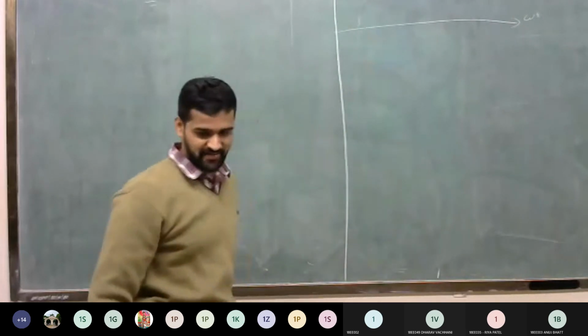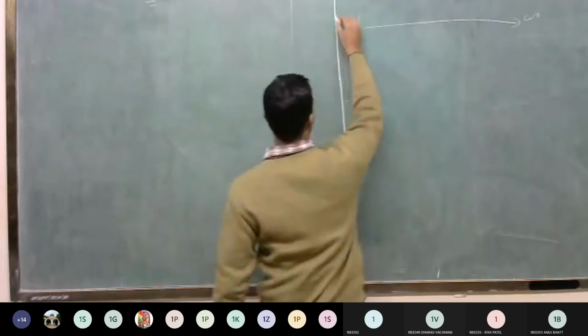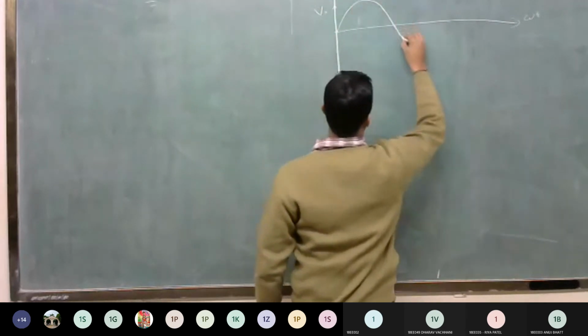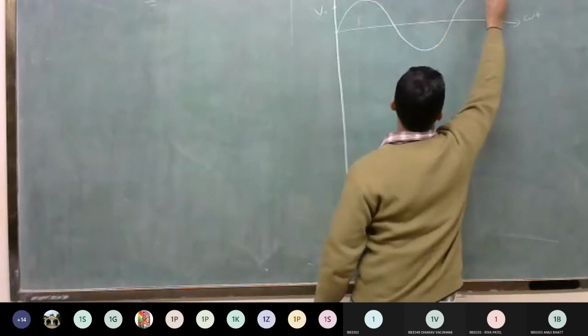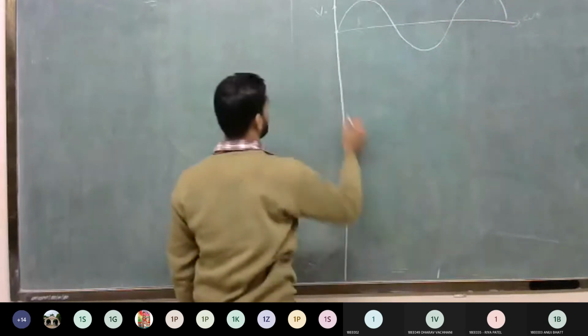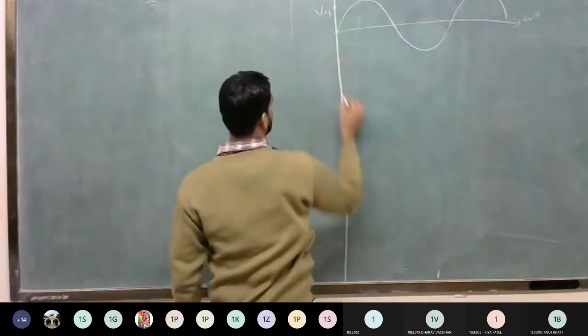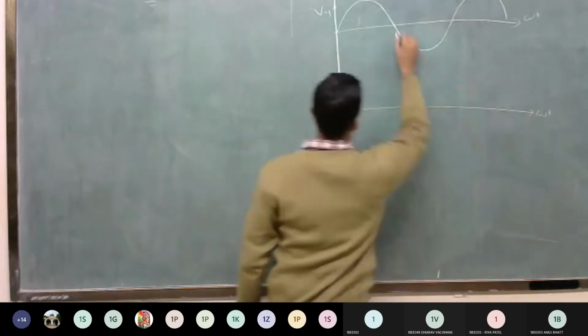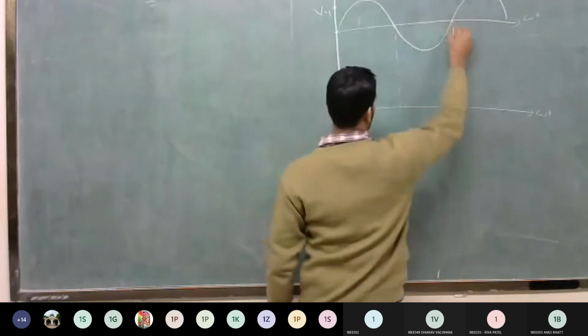Here, the output is fundamental, which means the output voltage V0 is a pure sine wave. Let's draw the sine wave. This is your output voltage V0.